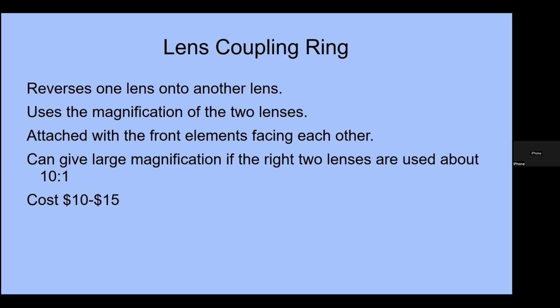And it'll give you magnification. If you get the right two lenses, you can get up to like 10 times magnification for $15. The only thing you've got to remember is that you've got to get a ring that will fit both lenses.